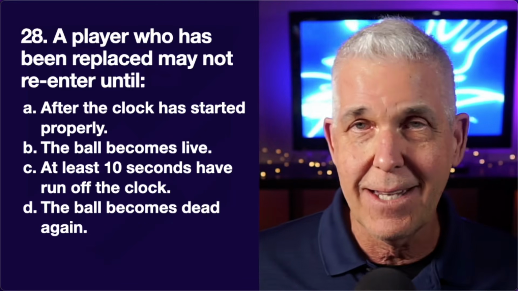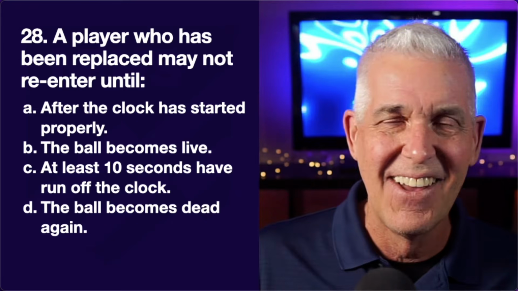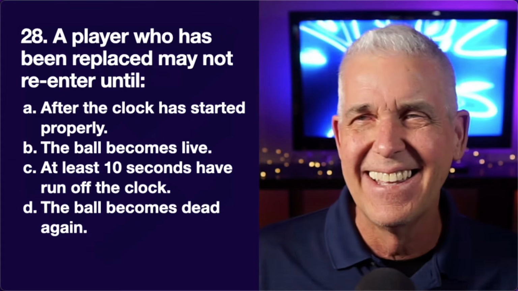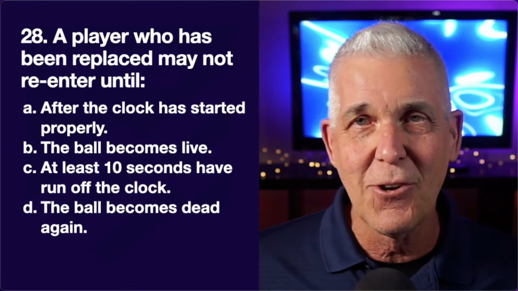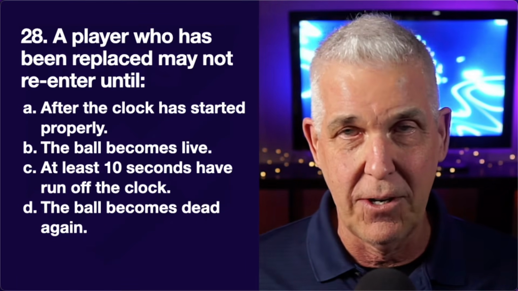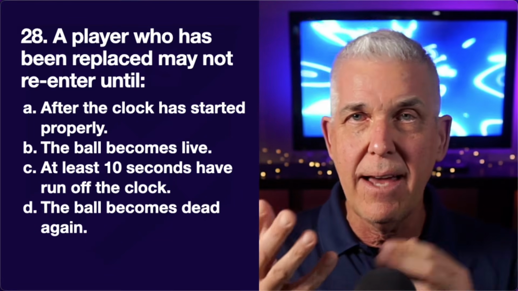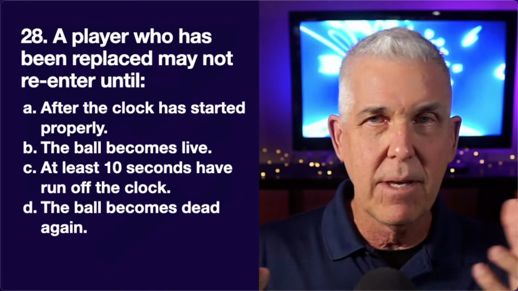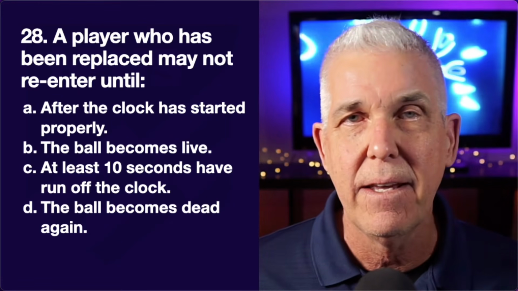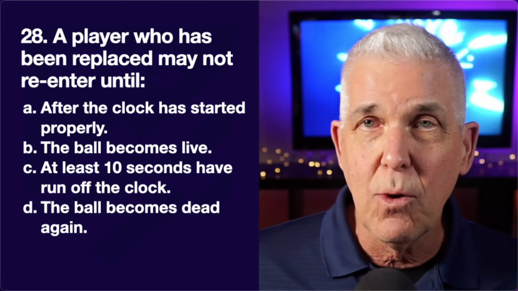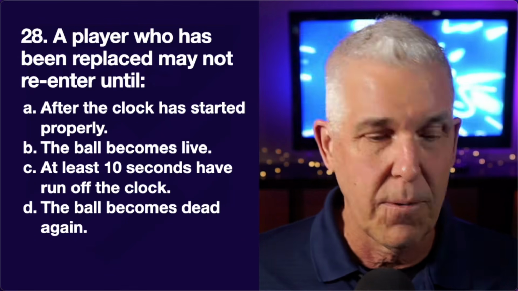That former player cannot return to the game until the clock has properly started, right? We could have multiple free throws. The ball could be live, dead. Many things can occur, but until the clock has properly started, that individual may not re-enter the game once they have been properly substituted for.